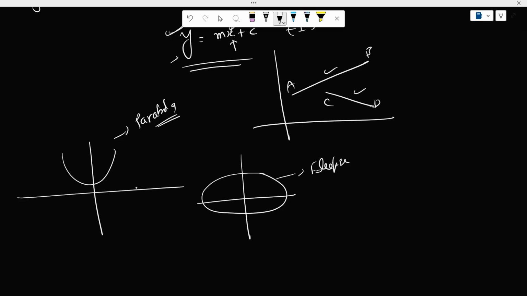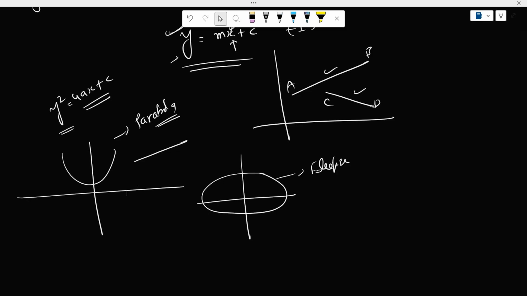For the parabola, the equation is like y square is equal to 4ax plus c, something like that, right? So there is some power on the dependent or the independent variables, and those kinds of curves usually form some shape which is not a straight line. That is something which is not linear.